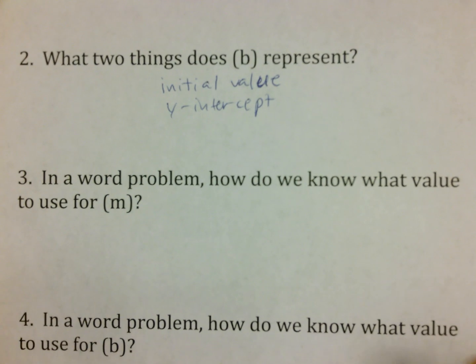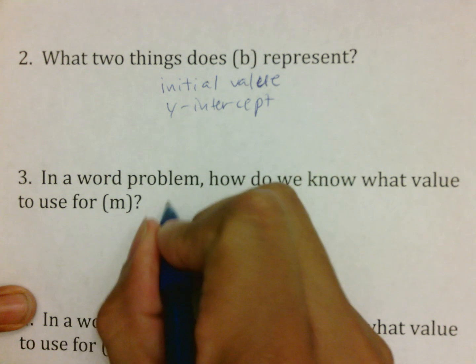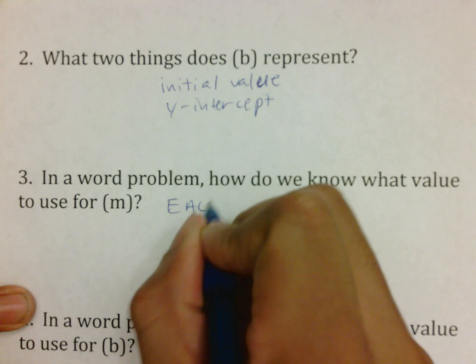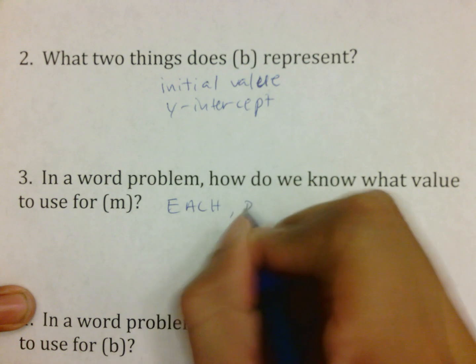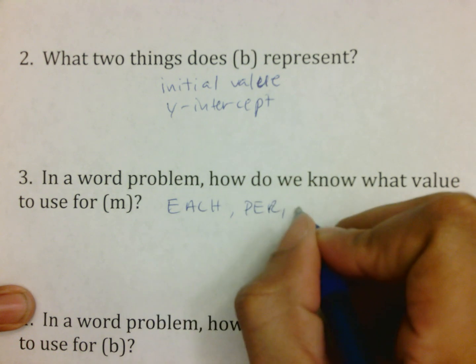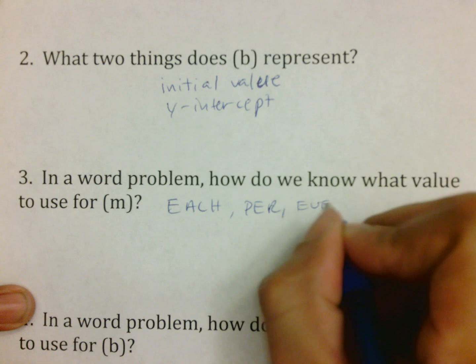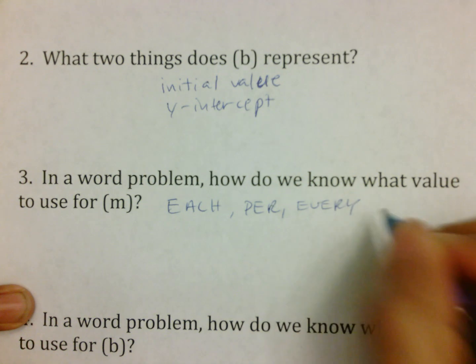In a word problem, how do we know what value to use for M? We've seen this before, in the last chapter. The words that you're looking for are each, per, every.